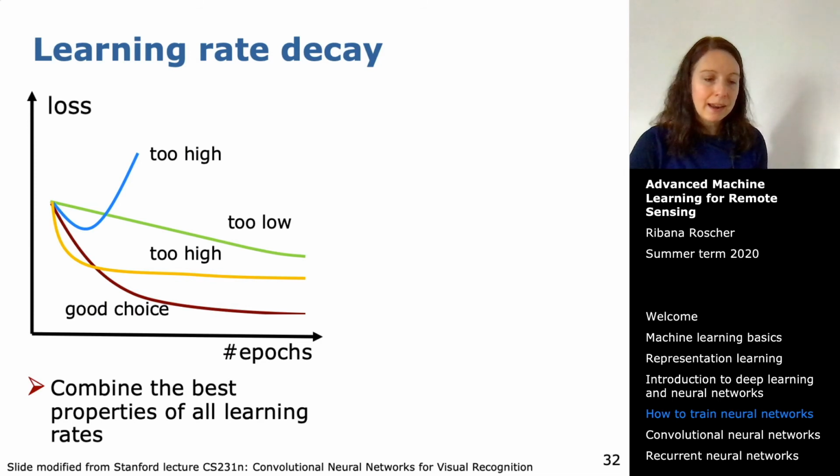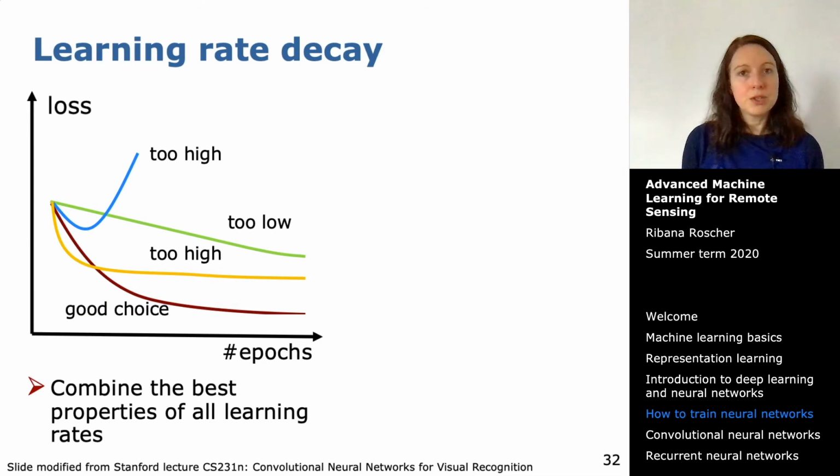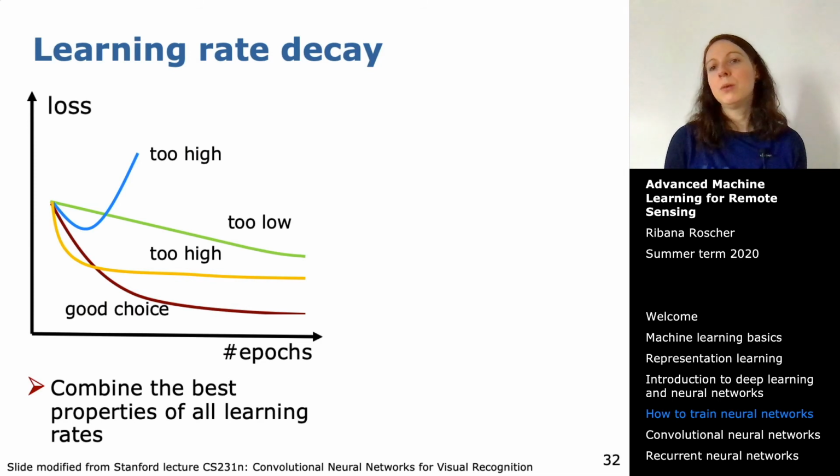Another thing that needs to be mentioned in combination is that you can also have a learning rate decay. When you apply the gradient and the learning rate, you don't need to choose the same learning rate over the whole optimization procedure.